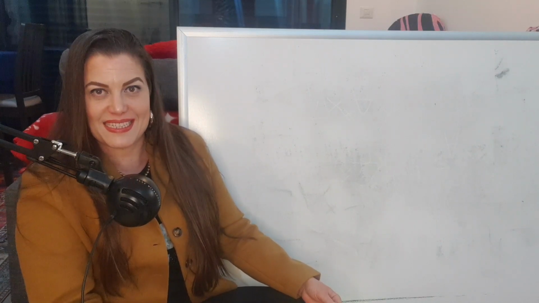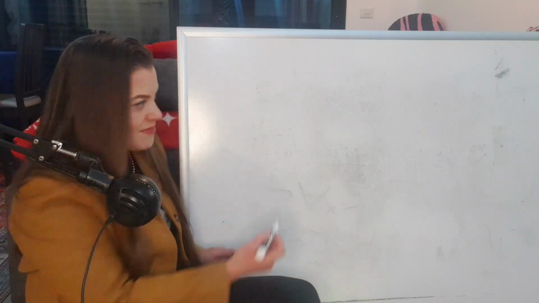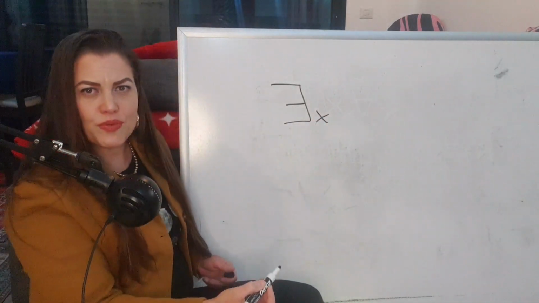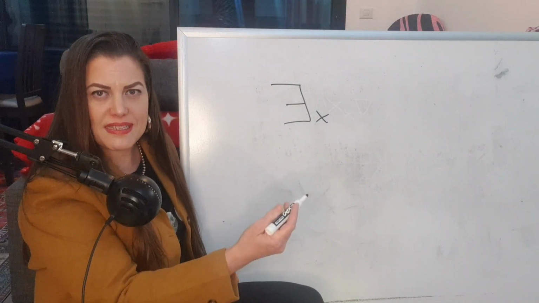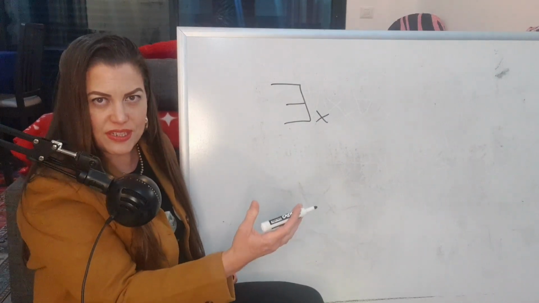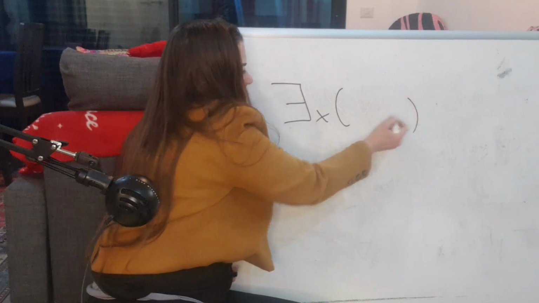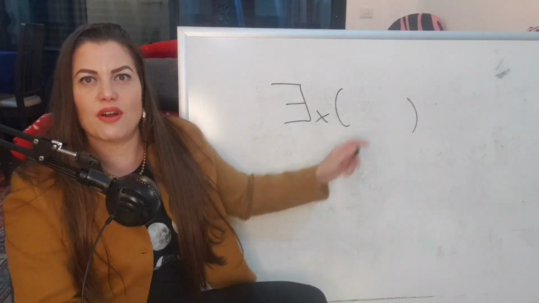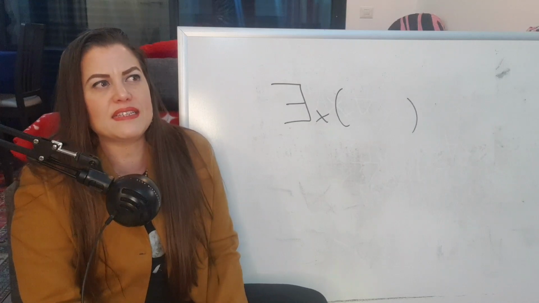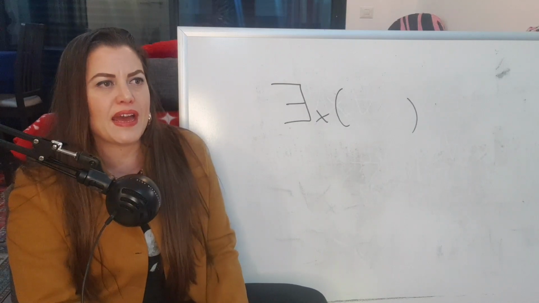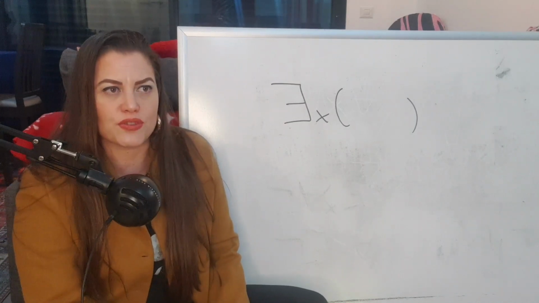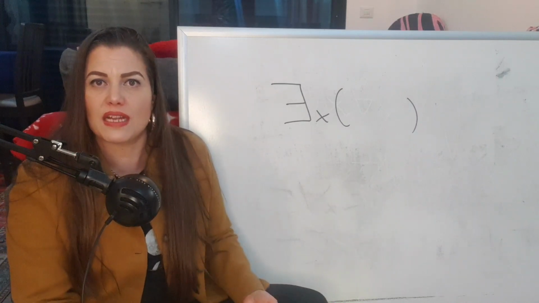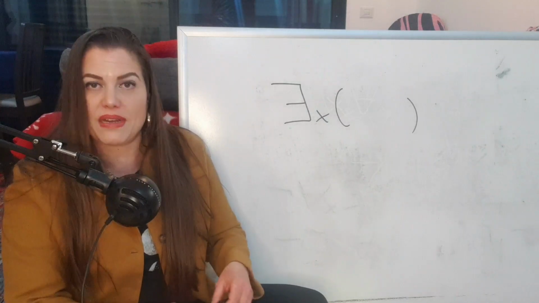It means exists, some number exists. And afterwards there's a parenthesis with some expression. For example, there exists a number that is equal 100. Yes, there exists a number that is equal 100. This number is 100. So yes, this exists.